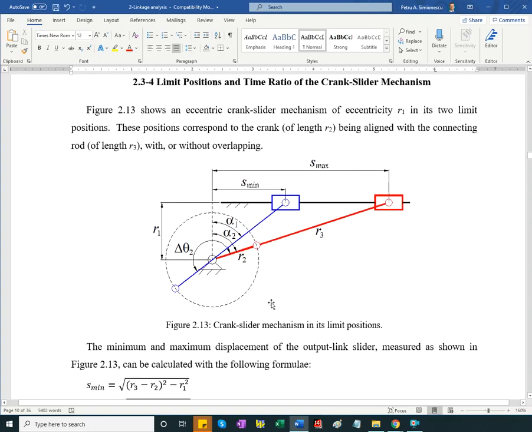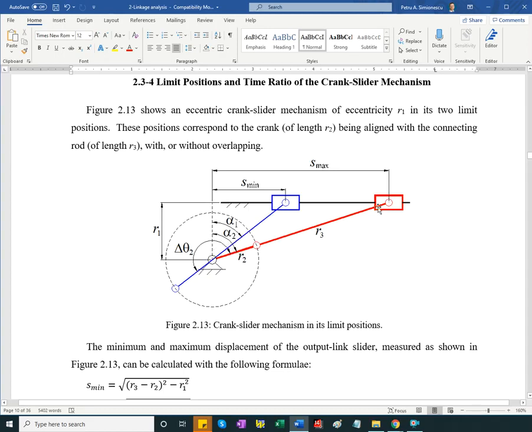For the time ratio, you look here and see that the slow stroke, delta theta 2, is greater than pi, half the turn. It's made of 180 degrees plus this angle, which I can calculate as the difference between alpha 2 and alpha 1. Where do I get alpha 2 from?